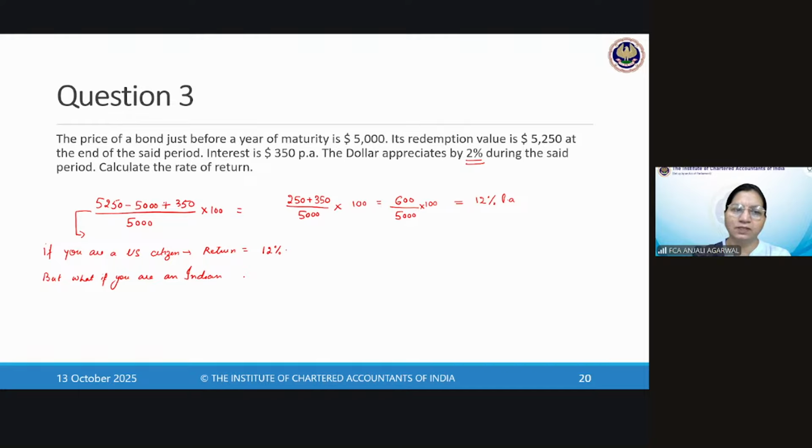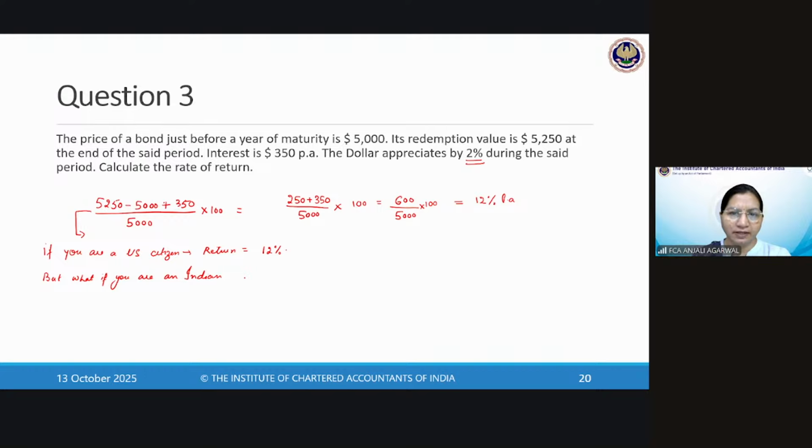If your home currency is not dollars, you may be residing in India, so your home currency is rupee, or residing in Germany, your home currency could be euro or Dutch mark. If you are residing in UK, it's the British pound. Singapore dollar if you are in Singapore, Australian dollar if you are in Australia.